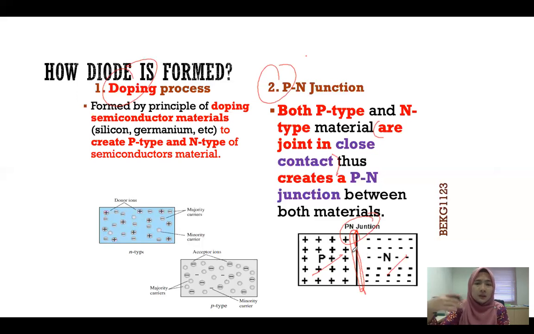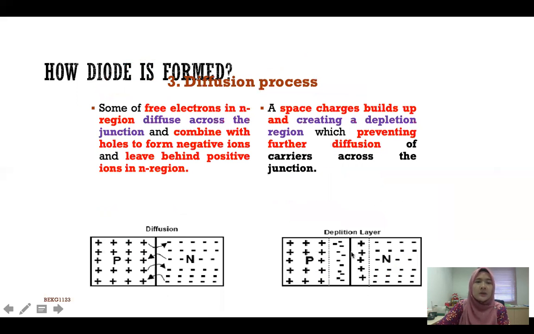Okay, the next step, the third, is the diffusion process. So what is the diffusion process? It is when some of the free electrons in the N region diffuse across the junction and combine with the holes to form negative ions, and leave behind positive ions in the N region.